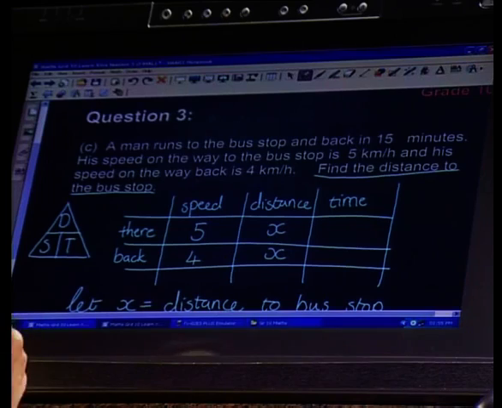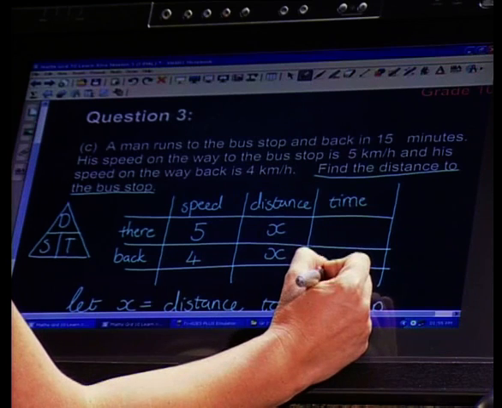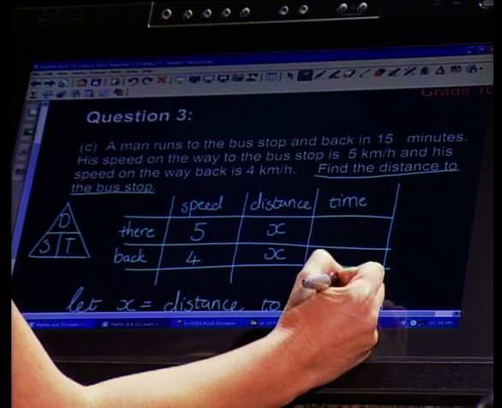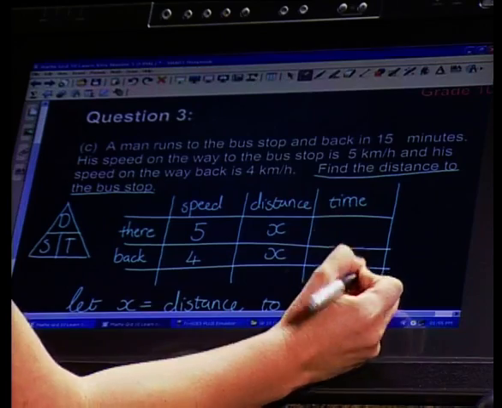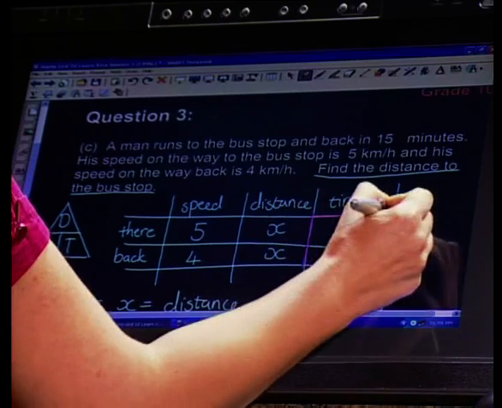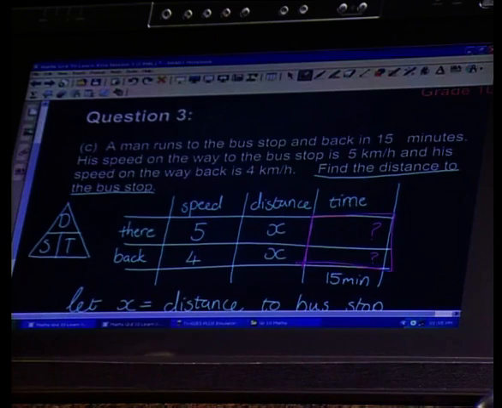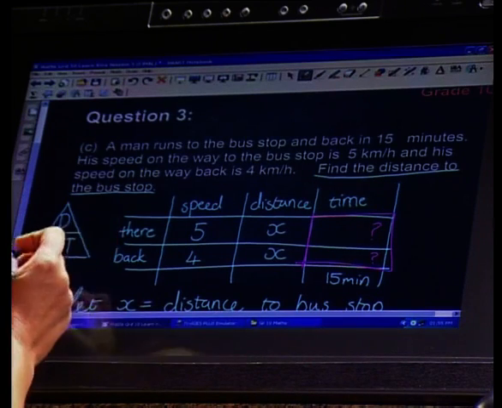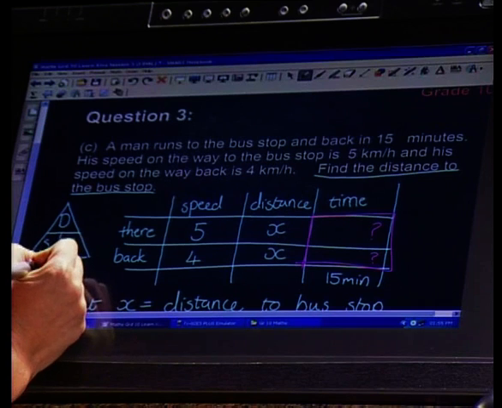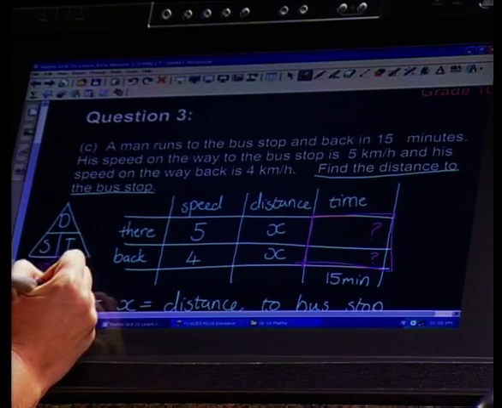How much was his total time? Well, his total time was 15 minutes. But now we have a big gaping problem, and this is a good thing to have. We don't know what goes here yet, but we can work it out. How can we work it out? Well, time is equals to distance divided by speed.